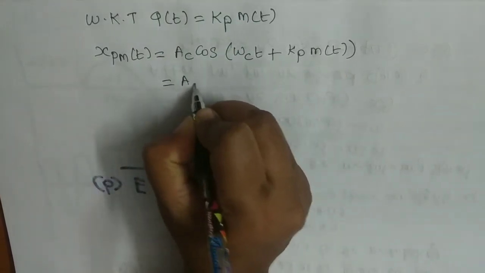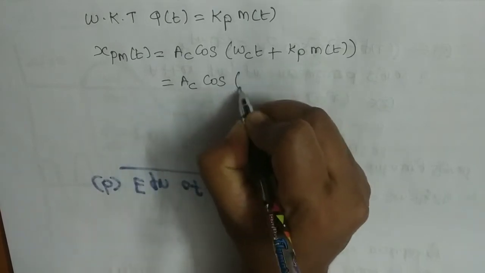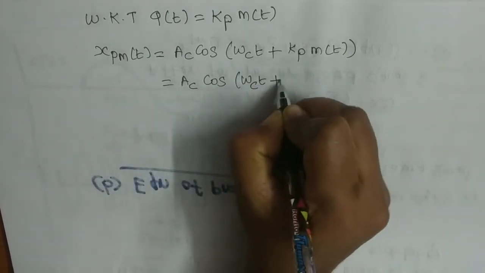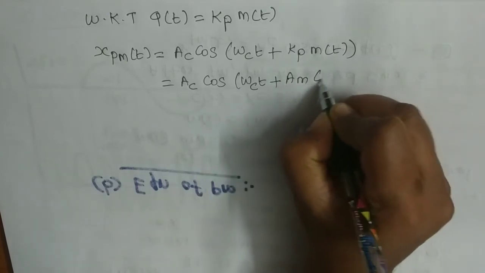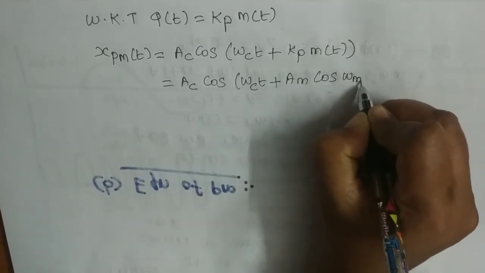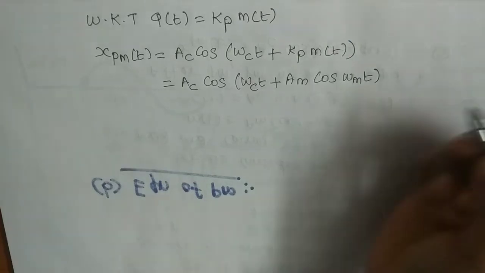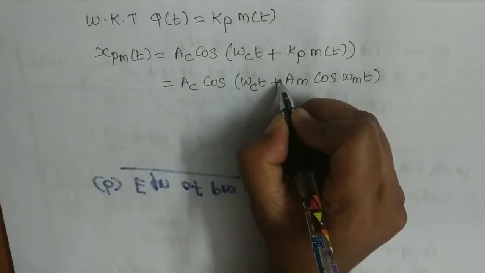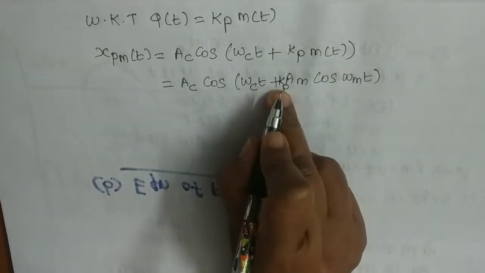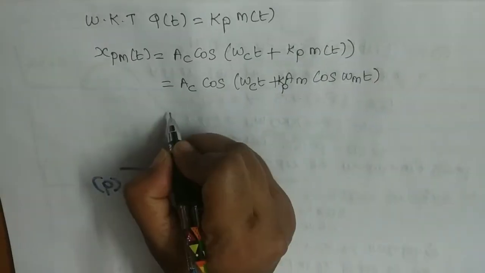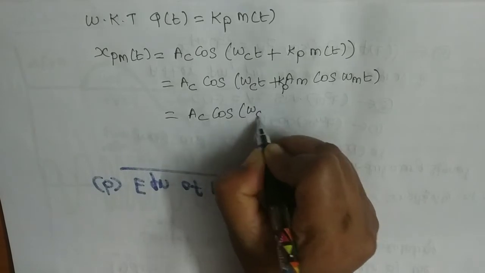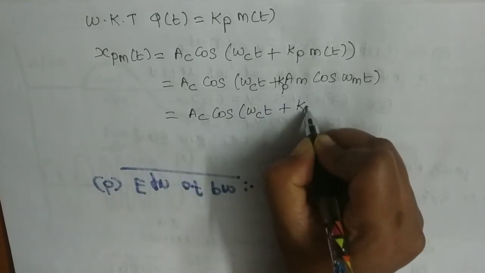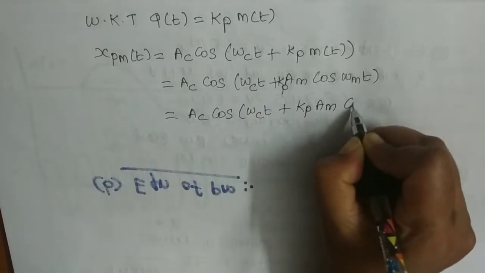So the expression will be Ac into cos of omega ct plus kp Am into cos omega mt, isn't it?